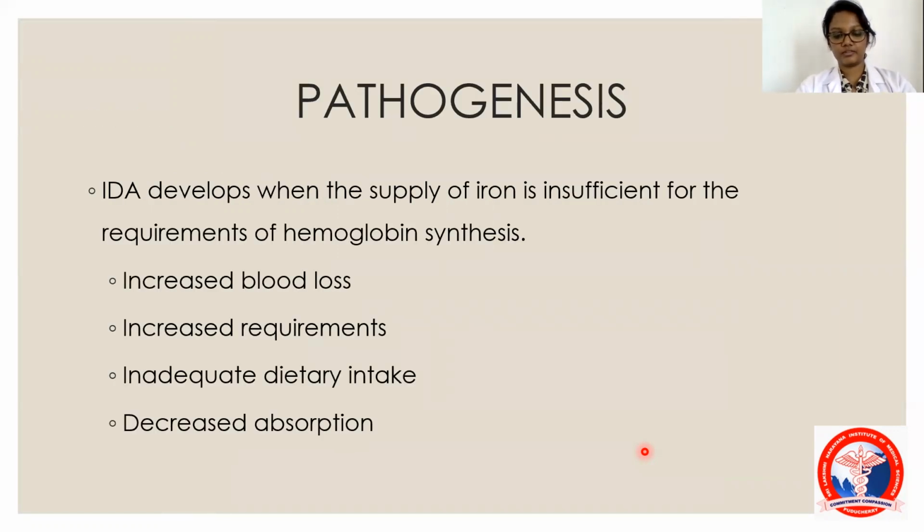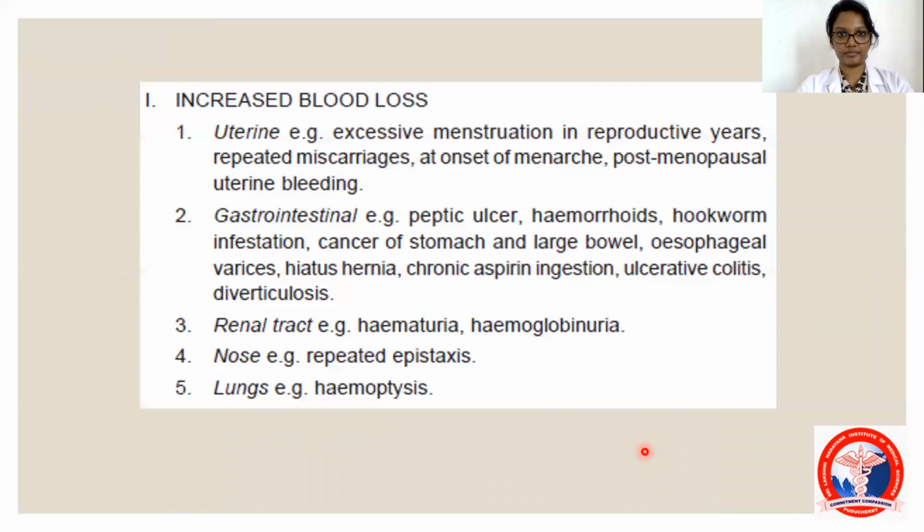So when you come to the pathogenesis of iron deficiency anemia, it is either due to increased blood loss, or increased requirement, or inadequate dietary intake of iron, or decreased absorption. So this table shows the causes for increased blood loss. One of the most important causes of increased blood loss in women is uterine causes like excessive menstruation, repeated miscarriages, and postmenopausal uterine bleeding.